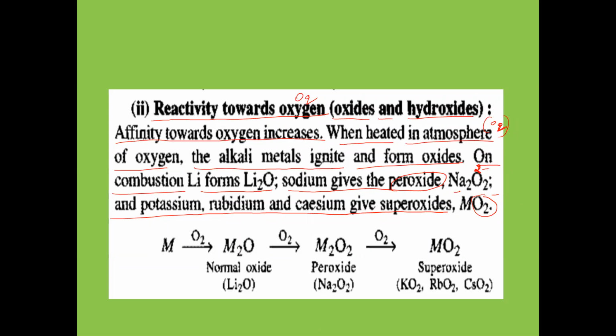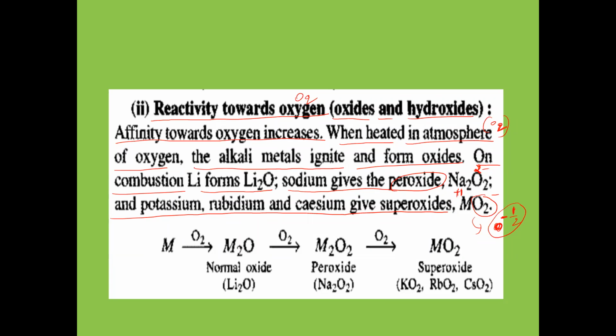So M plus 1 here, we know alkali metal will be having plus 1. M plus 1 and O2 should have minus 1 here. So for 2 atoms of oxygen, minus 1. Then for each oxygen, how much? Minus 1 by 2. So O2 minus 1 means oxygen with minus 1 by 2 oxidation state in superoxides.